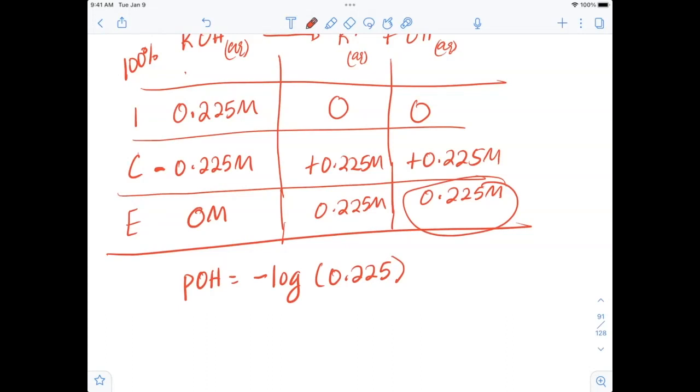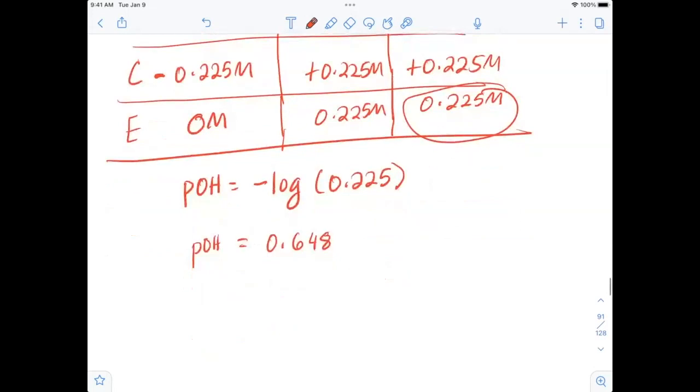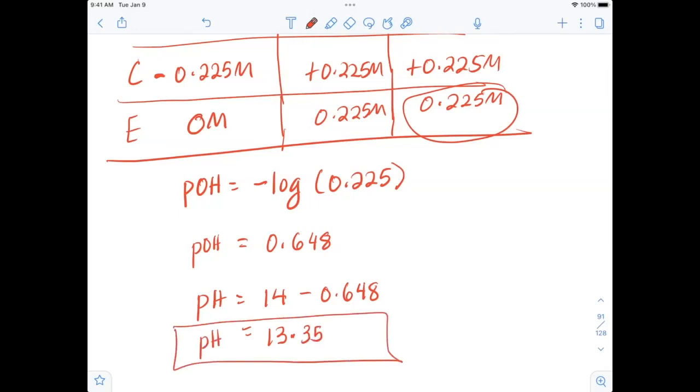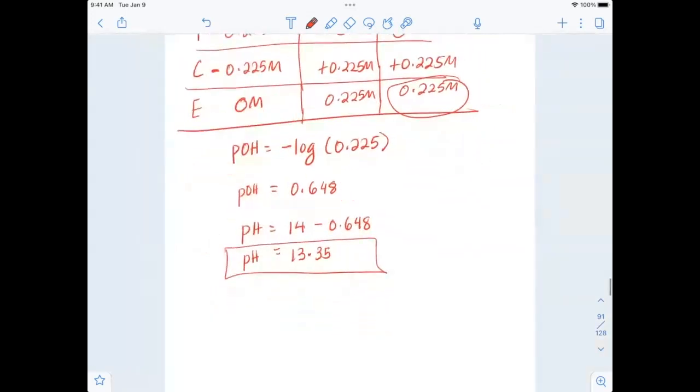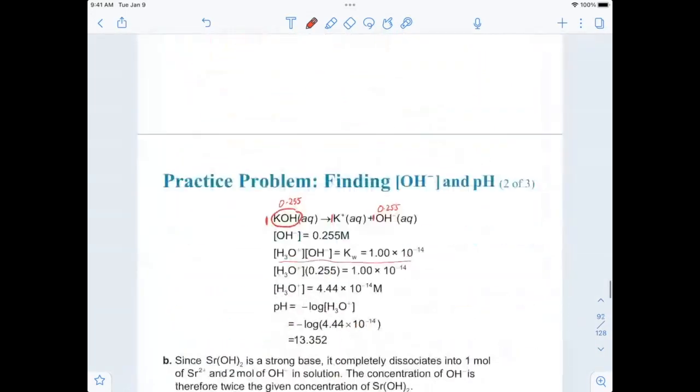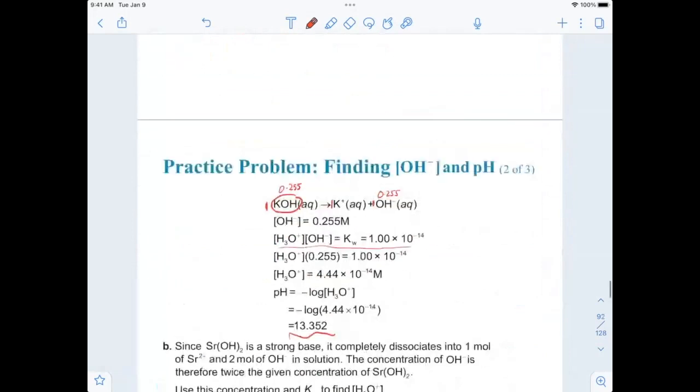I'm going to get, what is it? 0.648. That's going to be the pOH. Then the pH, of course, will be equal to 14 minus 0.648, which will be equal to 13.35. That's the pH, right? And then for the next part here, yeah, 13.35.